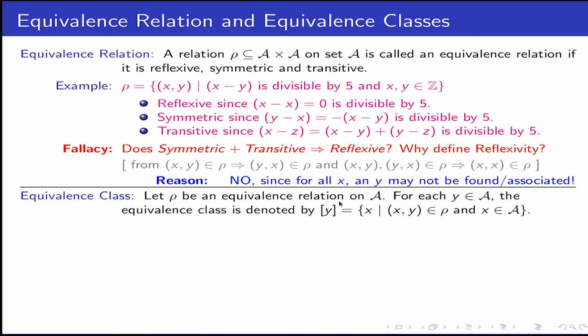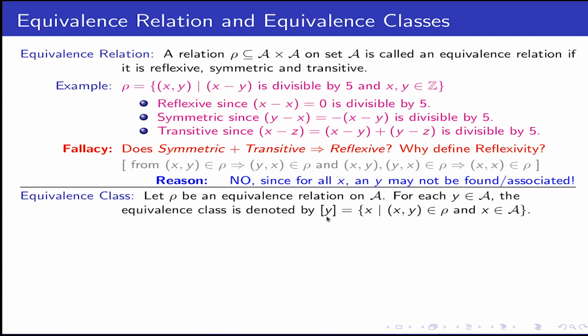If rho is an equivalence relation on A, then for each element y, remember, the equivalence class I denote by [y] is equal to all the elements x such that x and y are related. So what does this signify?